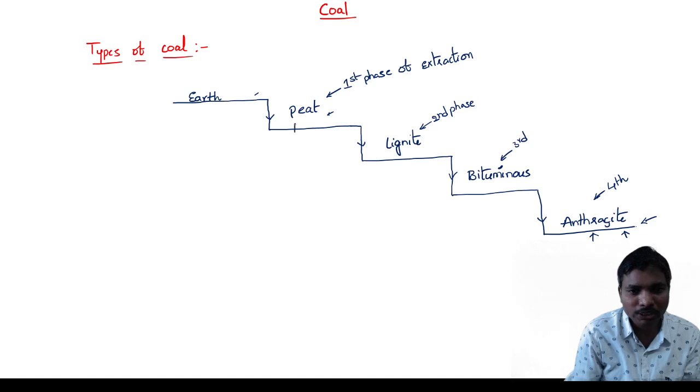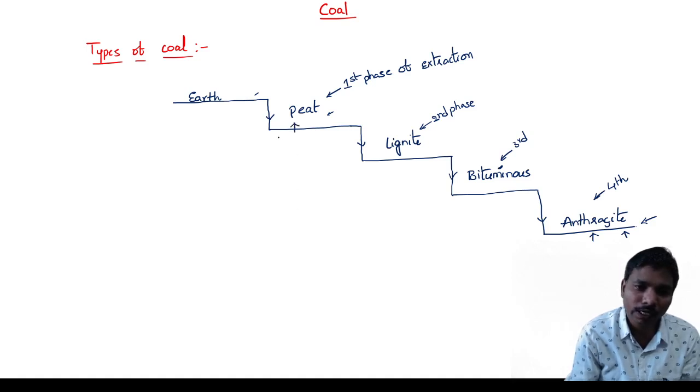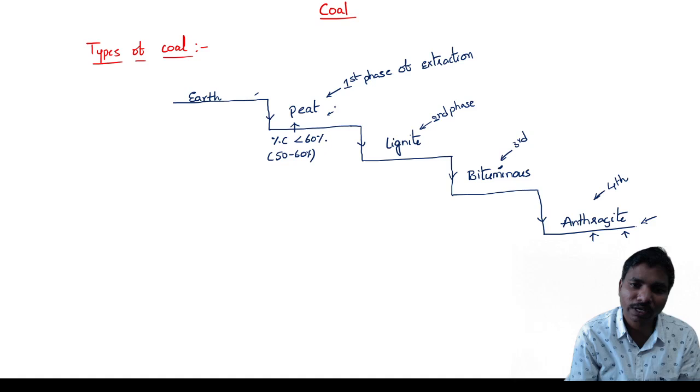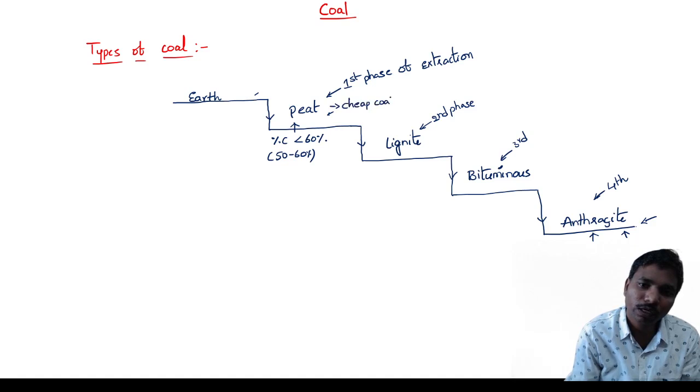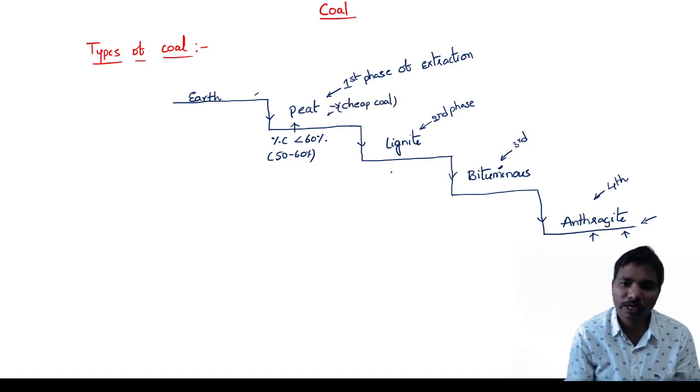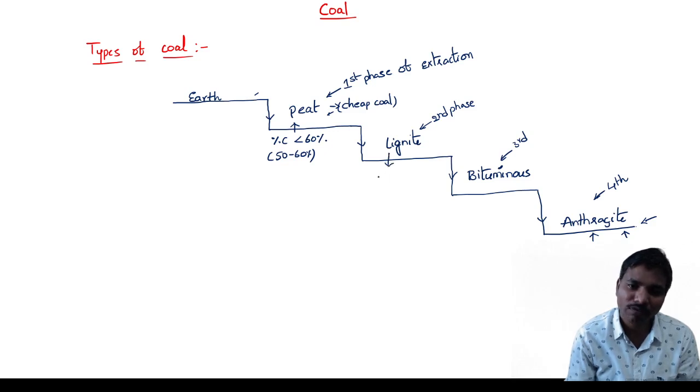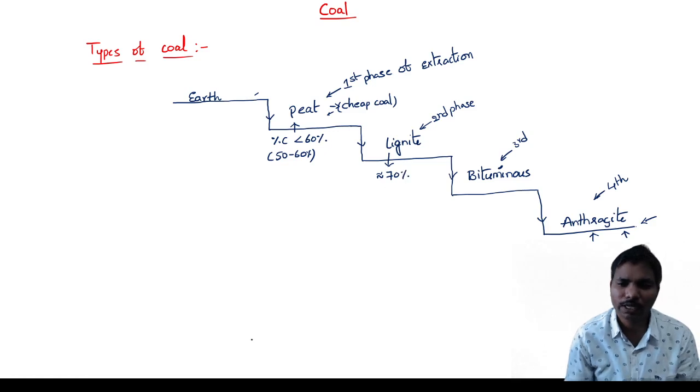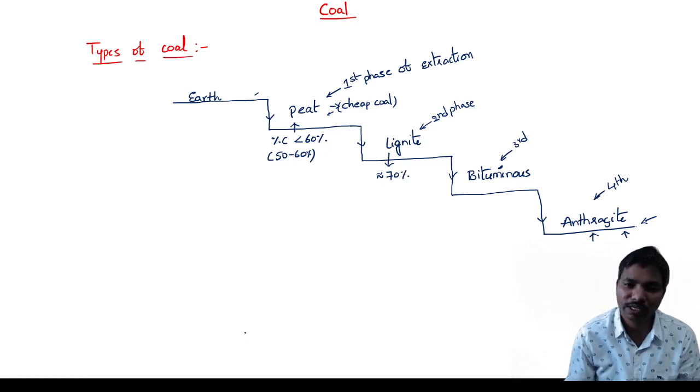Coming to the characteristics, in peat type of coal the percentage of carbon is less than 60 percent, nearly 50 to 60%. That's why it is a cheap type of coal. Lignite has more than 60%, in the order of 70 to 78%.